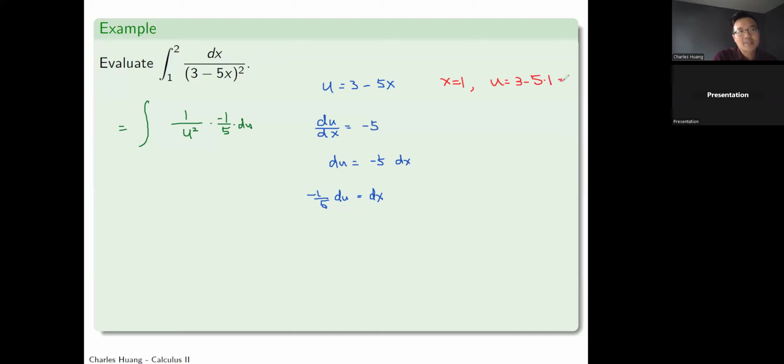So that's 3 minus 5, that's -2. So we're going to write the -2 here. We can do the same thing with x equal to 2. In this case, u is equal to 3 minus 5 times 2. That's 10. 3 minus 10, so that's -7.